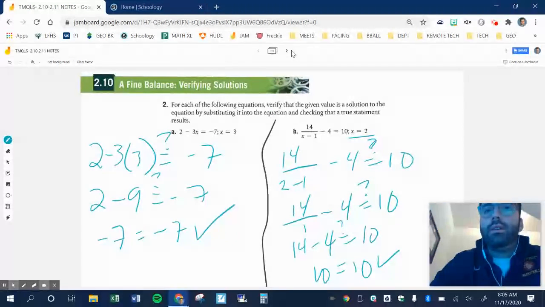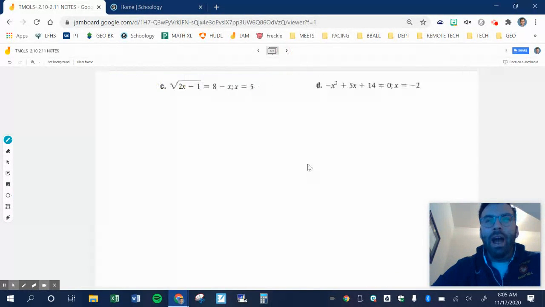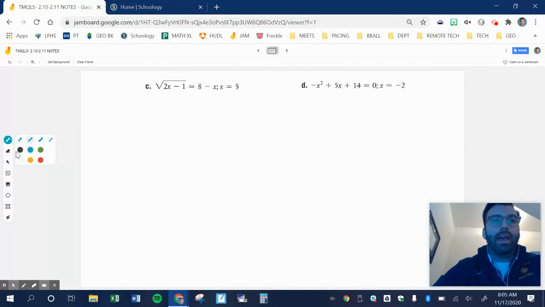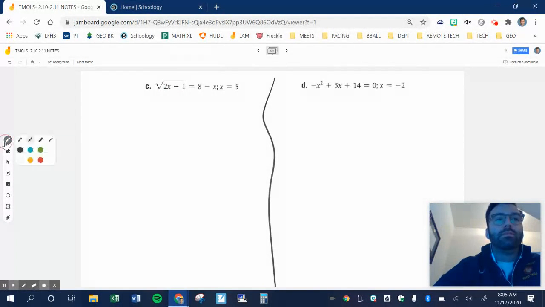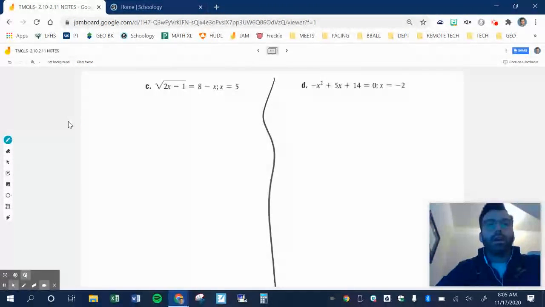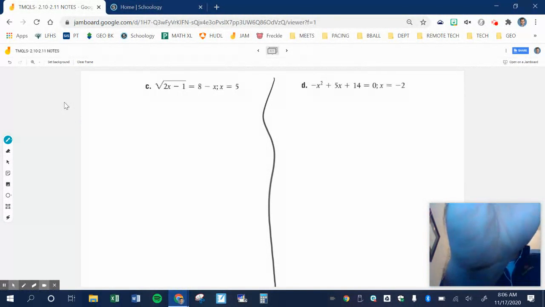On B, I'm going to do a little tougher one here, where we have to deal with the square root. So if I plug in my 5 into that square root, I get 2 times 5 minus 1, all underneath the square root.